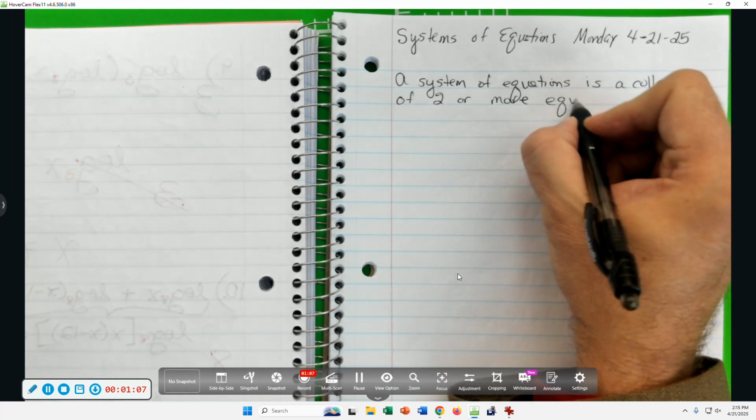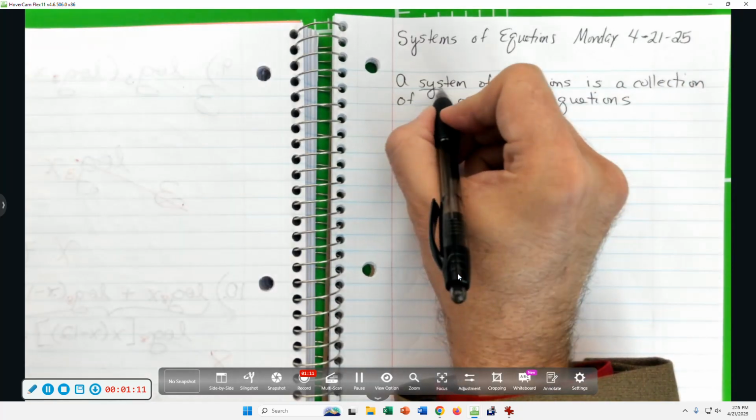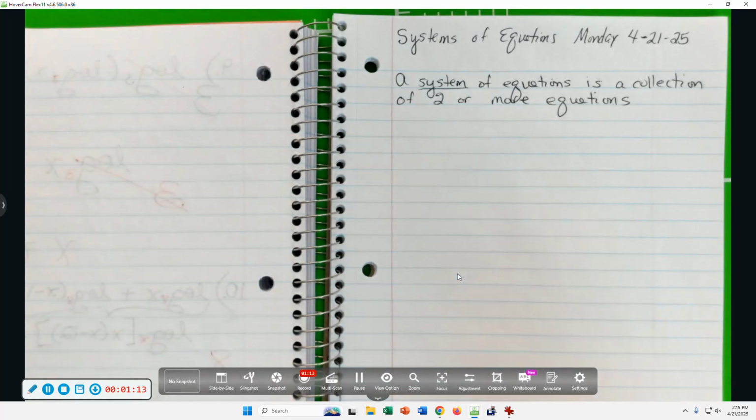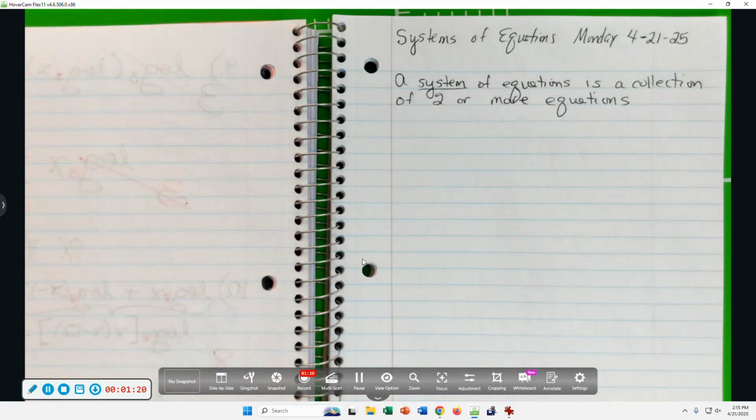I'm defining system, not equations. An equation is a statement that has an equal sign. If you have two or more equations written together, that's called a system of equations.